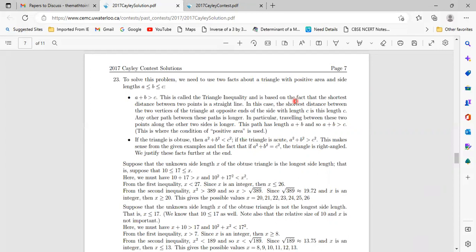Maybe we can say A plus B has to be greater than C. A plus C has to be greater than B. B plus C has to be greater than A. So the sum of lengths of any two sides of a triangle is greater than the length of the third side. That is the triangle inequality theorem.